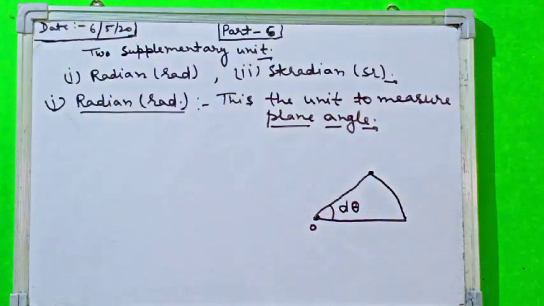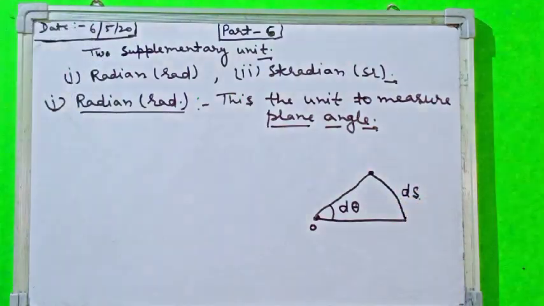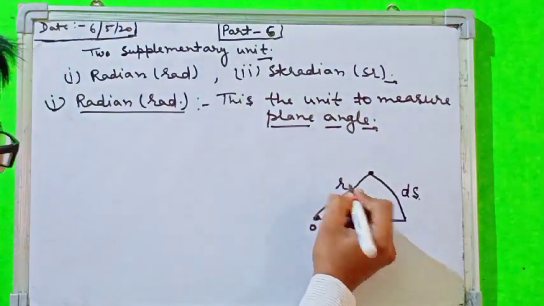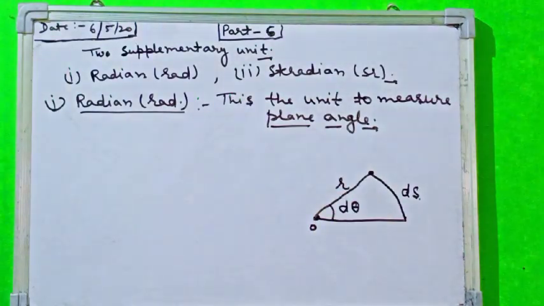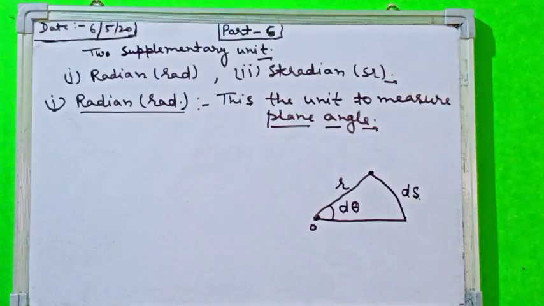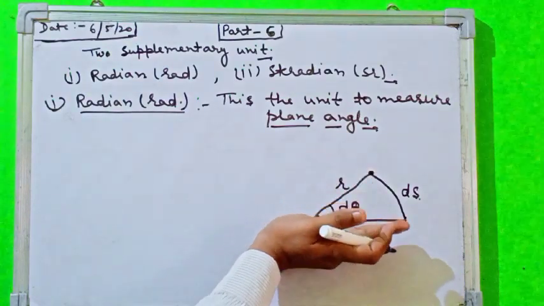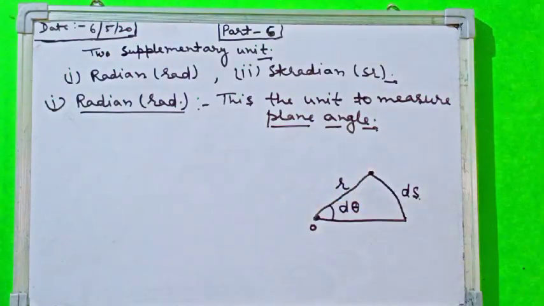This small angle is d theta, and this is the arc subtended, which is denoted by ds, and this is the radius r of the arc. So in case of measurement of plane angle, we have to measure this small angle subtended at the center of the arc, which is constructed due to the movement of this initial line.